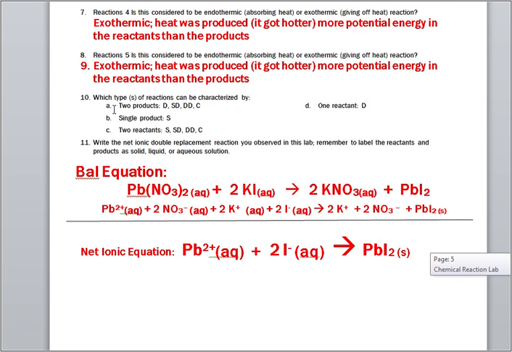Question number 10 here says, if you have a reaction that produces 2 products, what kind of reaction is it? Well, it could be decomposition, single displacement, double displacement, right? And it could be combustion.